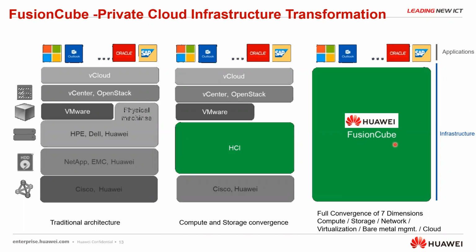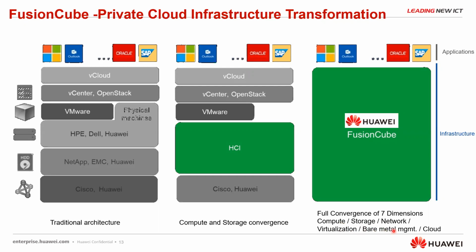requirements on the FusionCube. Here are the 7 dimensions: the compute layer convergence, the storage layer convergence, and the network layer convergence. And with this, Huawei has added the virtualization layer, which is our own virtualization, also supported with the VMware virtualization platform as well.